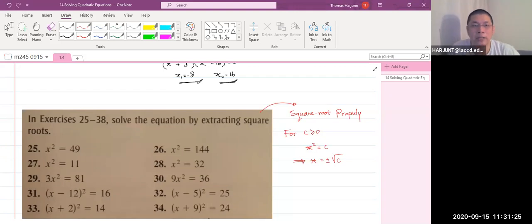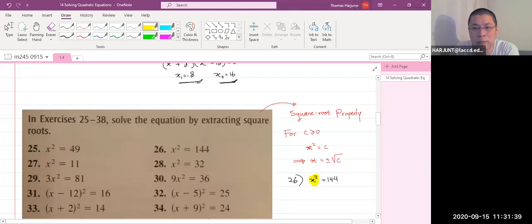Now, the easy example you can see here, number 26. Number 26, x squared equals 144. So you see on the left hand side is a perfect square, right? Something squared. And on the right hand side is a positive constant.